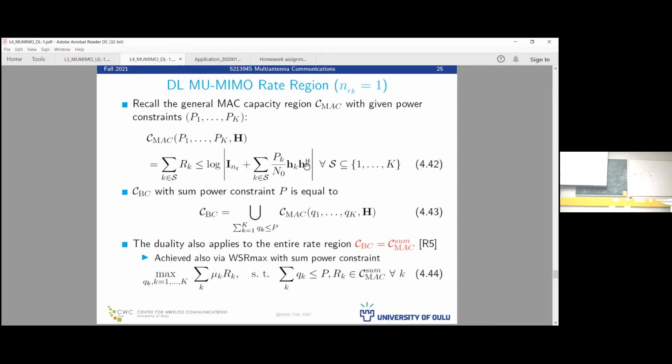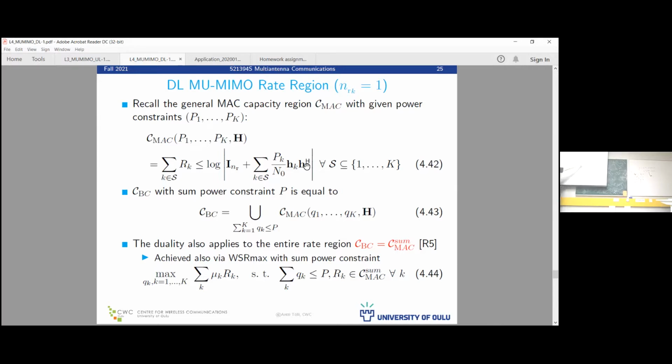For all possible subsets of these k users, we have these sum rate constraints. 2 users we have 3 constraints, 3 users we have 7 constraints, and so forth. So you can also show that the broadcast capacity with this sum power constraint is equal to the union of all possible multiple-access channel capacity regions for fixed power constraints. It's already much easier, right?